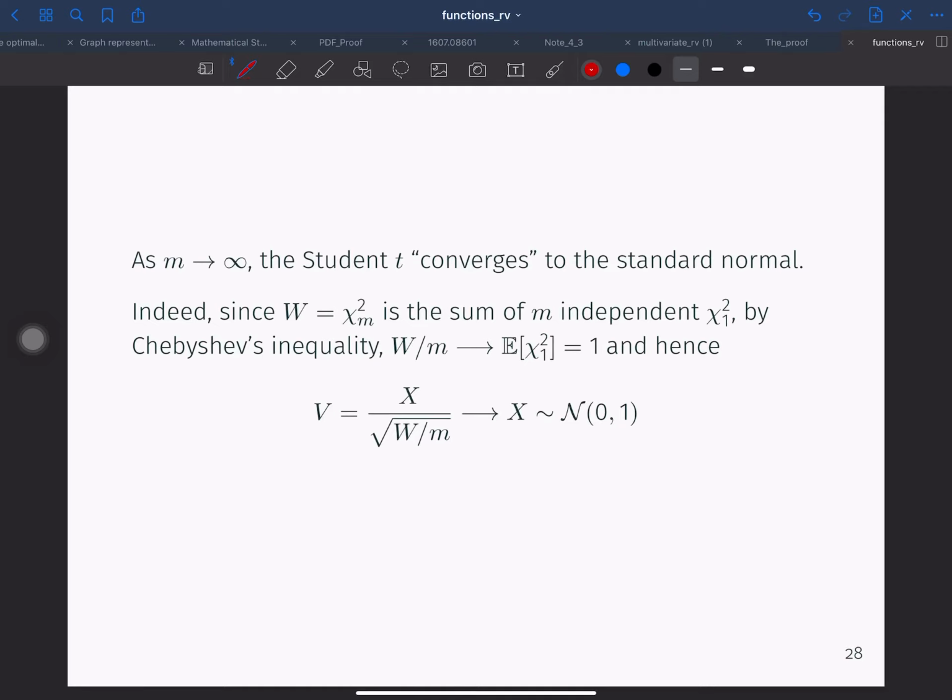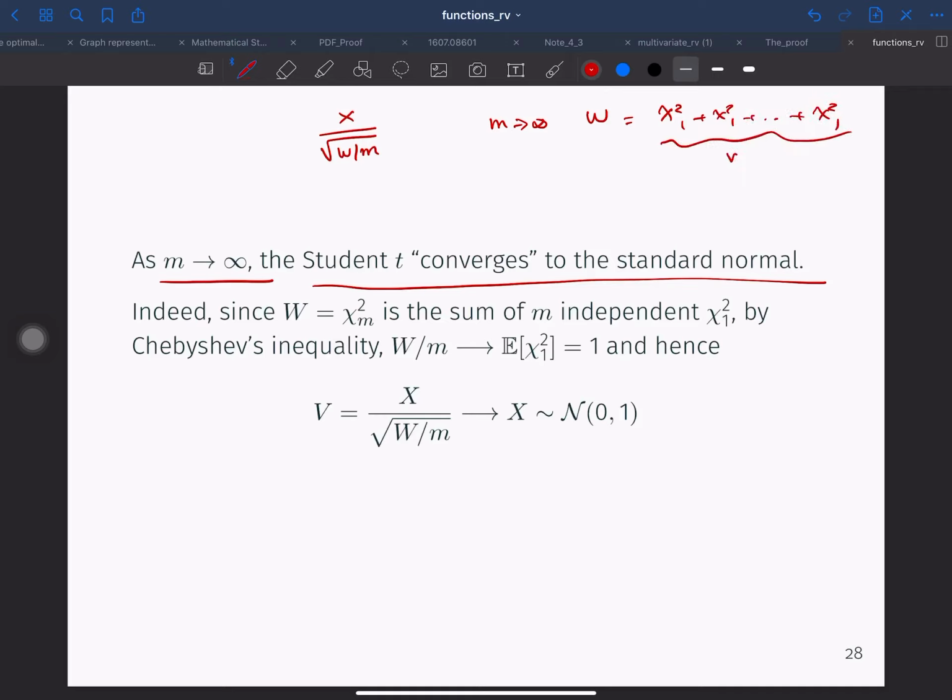Finally, as m goes to infinity, the student T converges to the standard normal, and that is really as follows, because as we said, student T is X divided by the square root of W divided by m. As m goes to infinity, W, which you can write as chi squared 1 plus chi squared 1 plus chi squared 1, m times, the sum of independent chi squared with 1 degree of freedom.